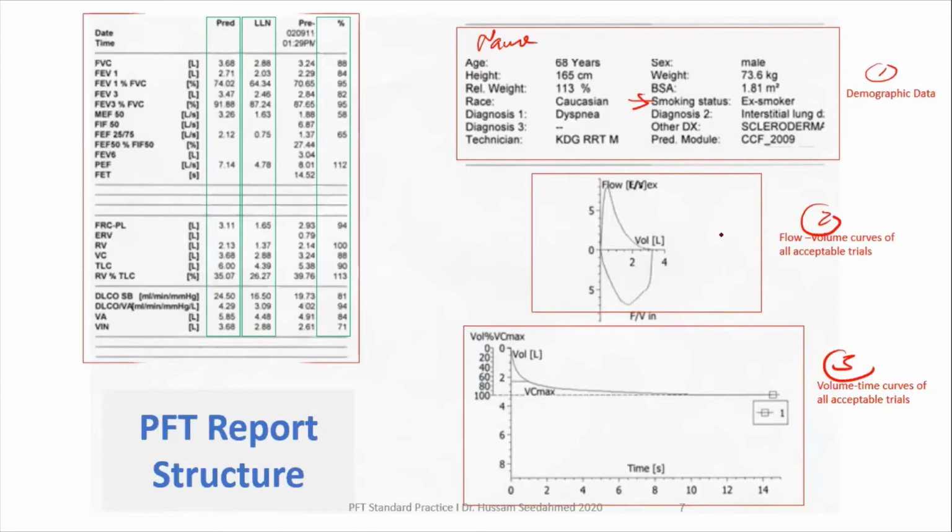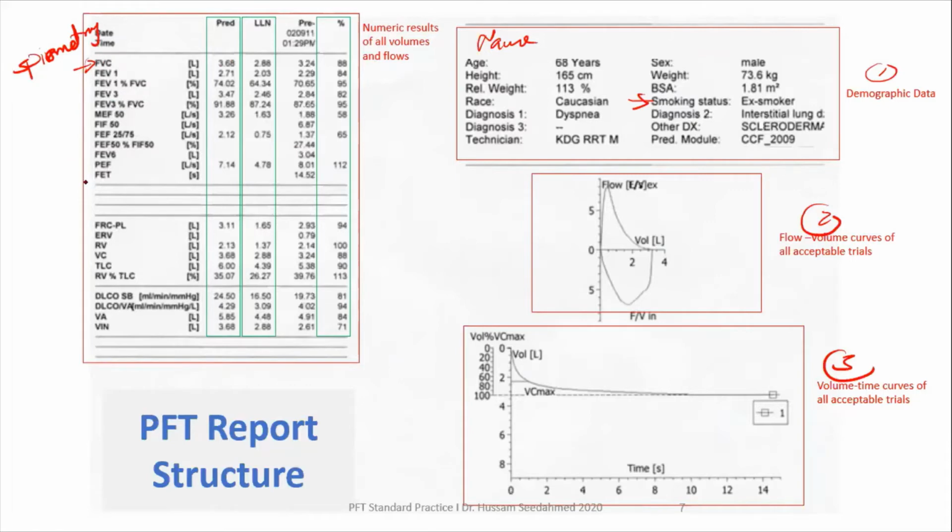The third component is the numeric results. So as you notice, the PFT report has figures or graphs and it also has numbers. So also there should be tables. These tables are the numeric results of all the volumes and the flows. If we notice, this first section is the spirometry. So these numeric results include spirometry.